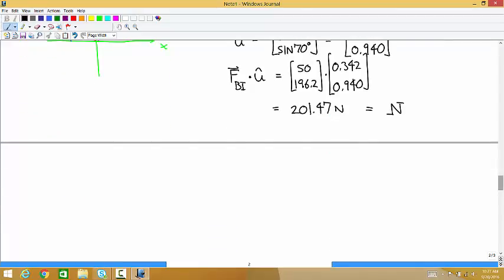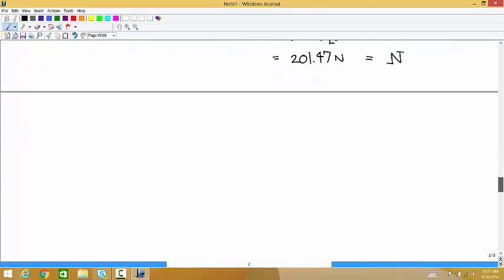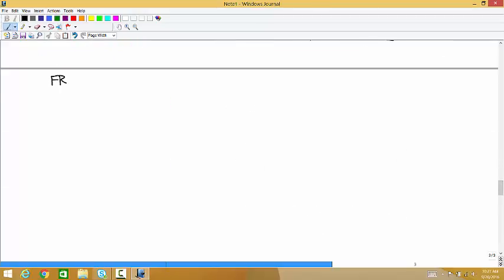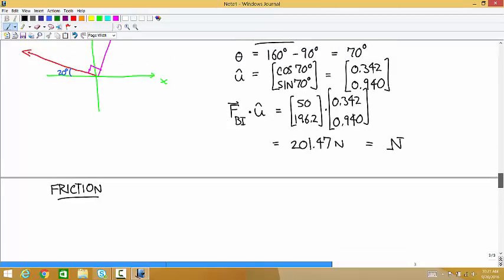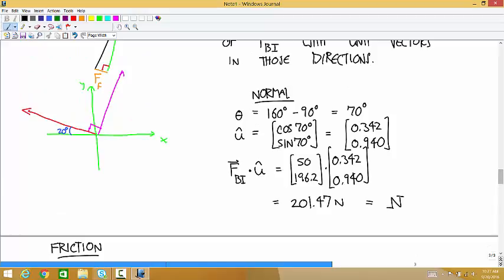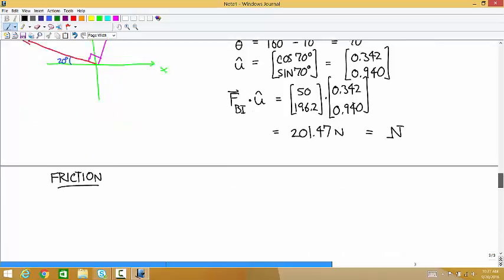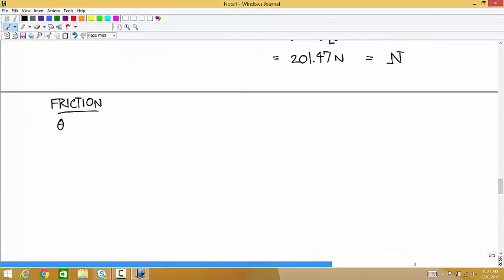Okay, and now we're going to do the same thing with the friction force. So now I want a unit vector in the direction of that red vector, or the opposite would be fine too. We're just going to take absolute values in the end anyways. So theta is equal to 160.